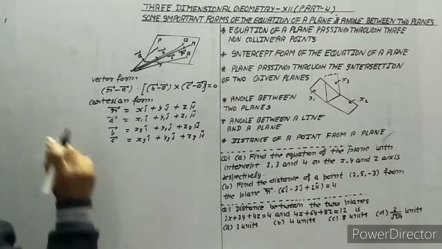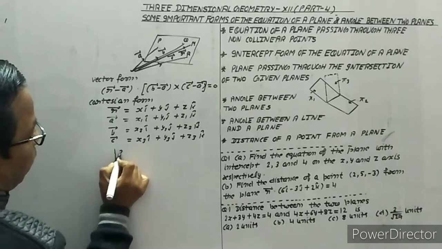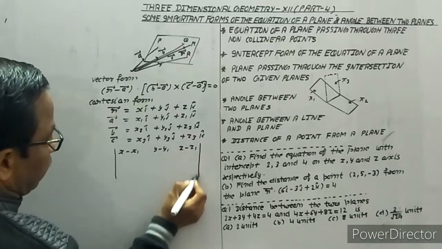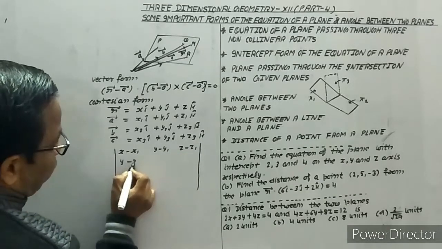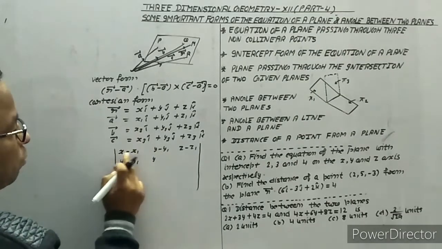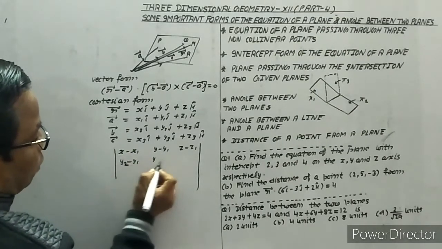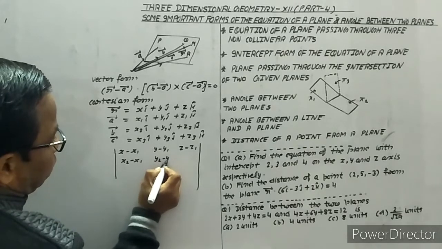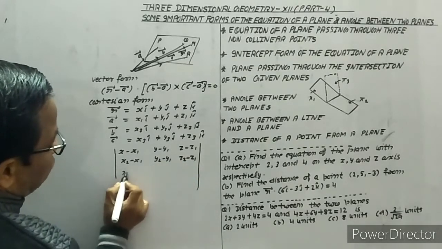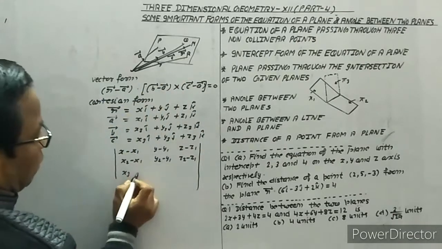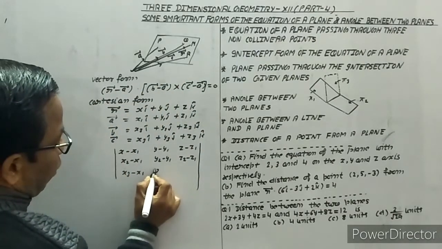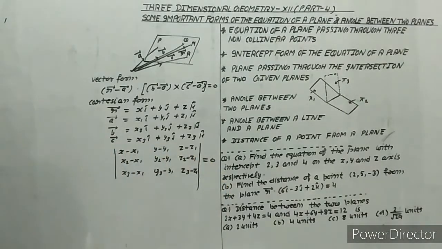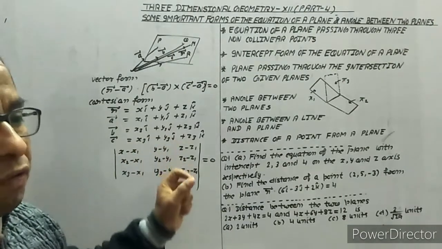Then in Cartesian form, the equation of the plane is given by the determinant with rows (x minus x1, y minus y1, z minus z1), (x2 minus x1, y2 minus y1, z2 minus z1), and, because of C minus A, (x3 minus x1, y3 minus y1, z3 minus z1), equal to 0. This is the Cartesian form of the equation of the plane.